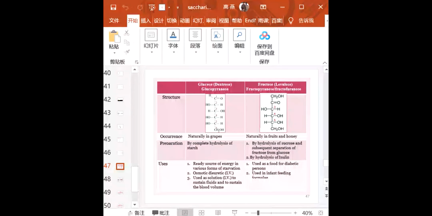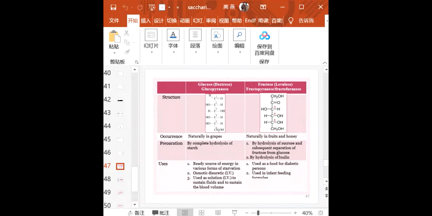So in a situation like starvation, if it's given direct glucose, then it's easy. It's a rapid supply of energy for the body.